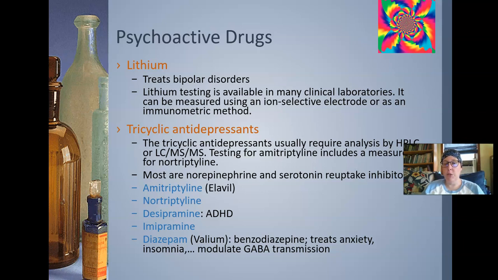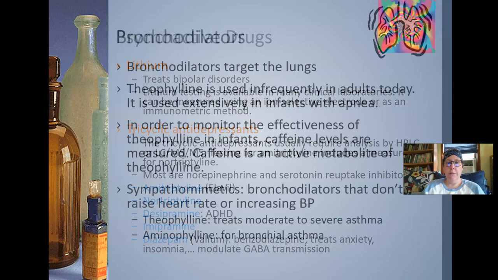Testing for amitriptyline will include a measurement for nortriptyline. Most tricyclic antidepressants are norepinephrine and serotonin reuptake inhibitors. Some of them are amitriptyline, also known as Elavil, nortriptyline, desipramine for ADHD, imipramine, and diazepam, which is Valium, which is a benzo, treats anxiety, insomnia, and modulates GABA transmission.